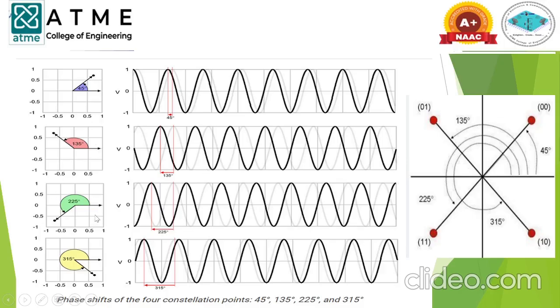For 225, that is 10, the point lies on the third quadrant, and this is the waveform. And for 11, the phase shift is 315 degrees, it lies on the fourth quadrant, and this is the waveform, and this is the constellation diagram showing each point in a different quadrant.